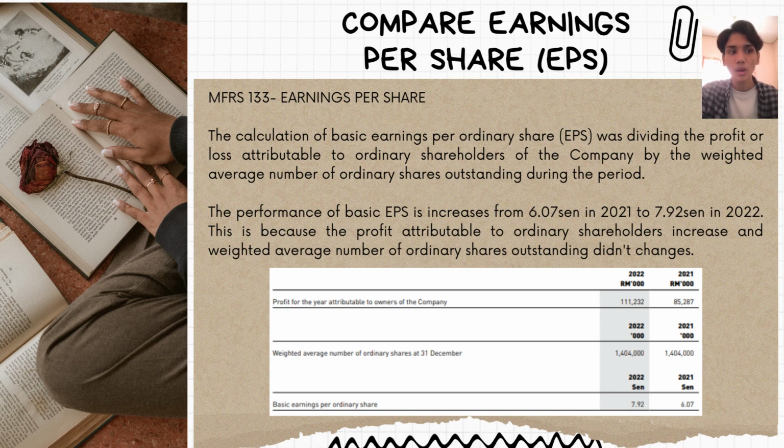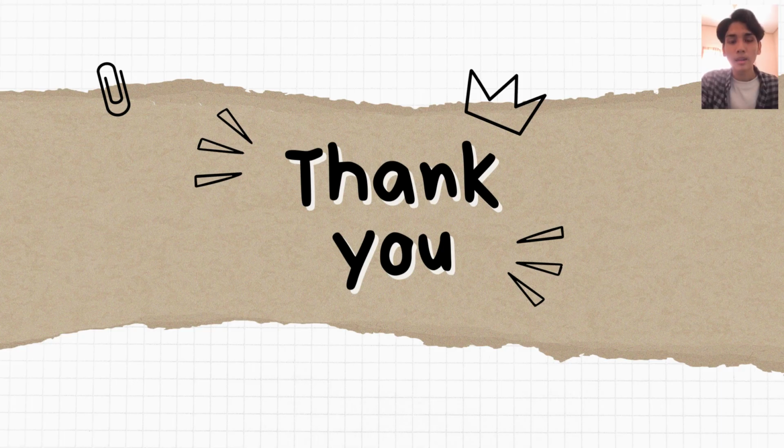The performance of basic EPS increases from 6.07 cents in 2021 to 7.92 cents in 2022. This is because the profit attributable to ordinary shareholders increased and weighted average number of ordinary shares outstanding did not change. I think that's all from me.